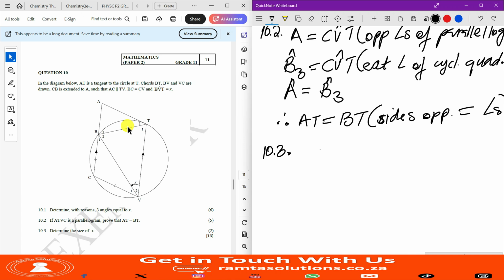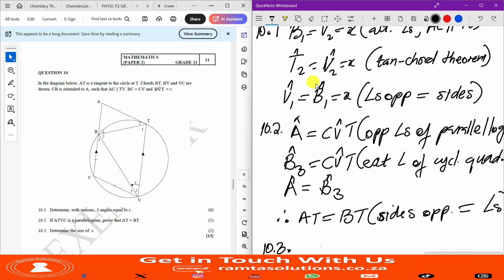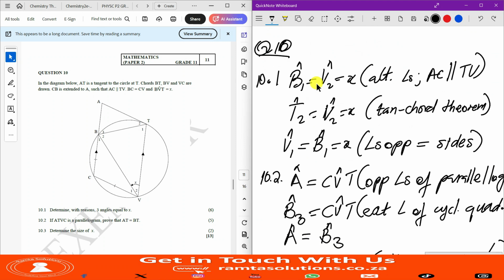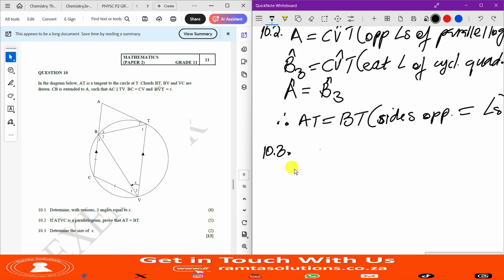Do I know angle T2? Yes, I know angle T2, I said it is equal to x. And then I also said angle V1 is equal to x. So I can also say, okay, hold on. Angle CVT is equal to 2x.